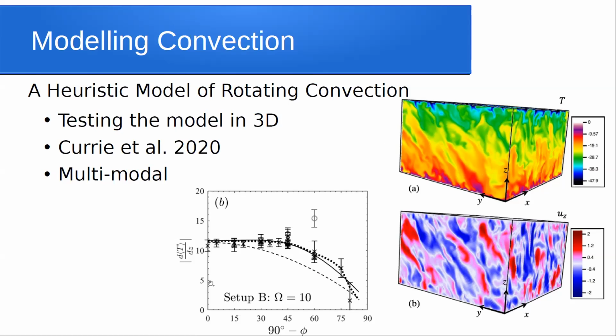But basically the idea is that if you look at the temperature gradient in these experiments as a function of latitude, these are the symbols here and their variance in time, and then a couple of different modal models. Stevenson's model, I believe, is the dashed line here. And the best fitting multimodal model, so if you include more modes in the expansion of your heat flux, is that solid line here, so it does a little better.